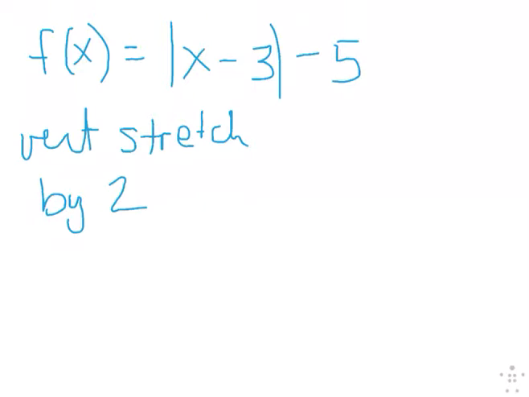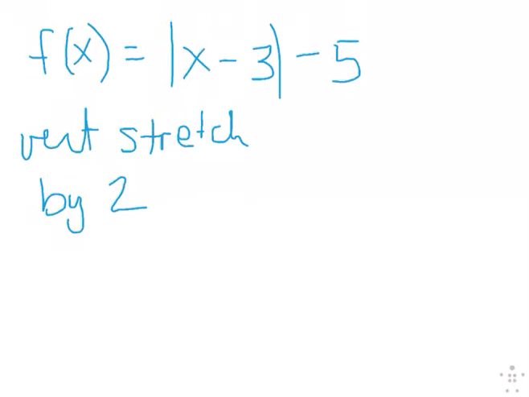Now, just so that you guys are aware of this, this helped me when I was starting to do this stuff too. Vertical is outside, or is up and down. Do you notice that all the verticals are up and down, or on the outside? Anytime we transform, if we're on the outside, we're dealing with vertical, up or down. If we're on the inside, you're dealing with horizontal, which is on the inside, or left or right.